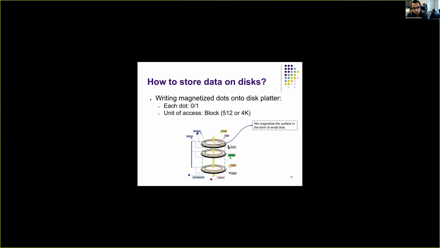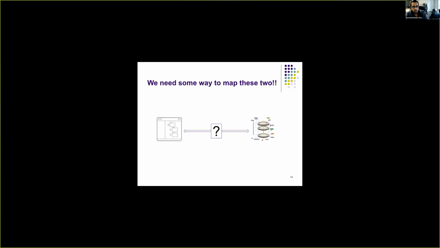Now, files, according to the users, are just a sequence of bytes, whereas on the disk, these are just magnetic dots, right? So we need a way to map the files that a user sees to the hardware, or to the magnetic dots that we use to store them.